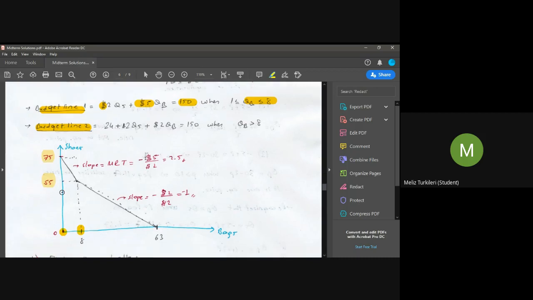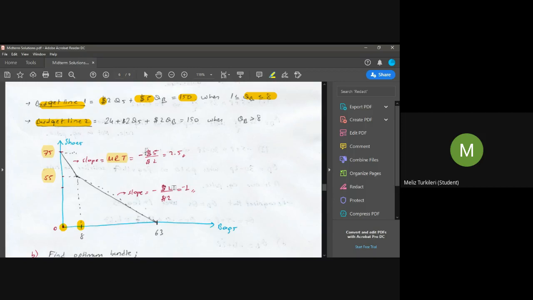For the remaining part of the questions, let's try to find the marginal rate of transformation. I showed how you can calculate the marginal rate of transformation during the recitations. For the second line, we know that the price of bags is equal to $2 when the quantity of bags is higher than 8.